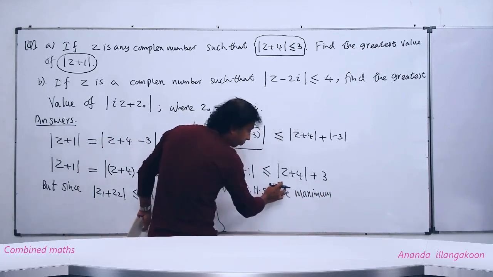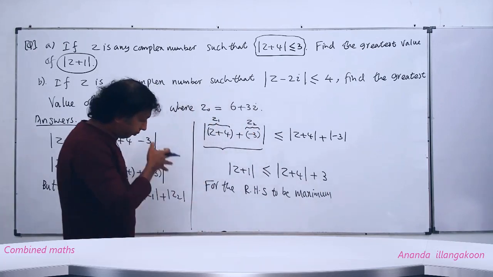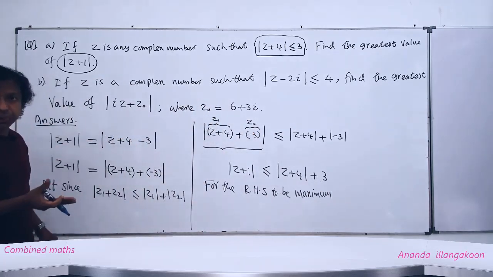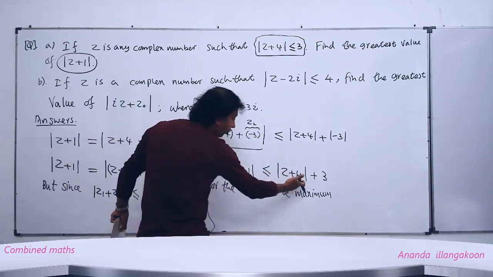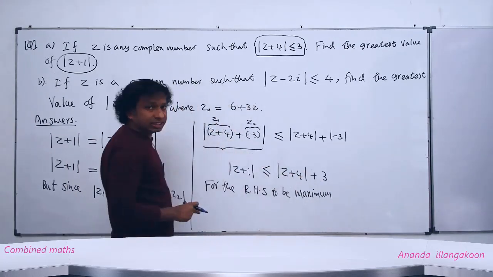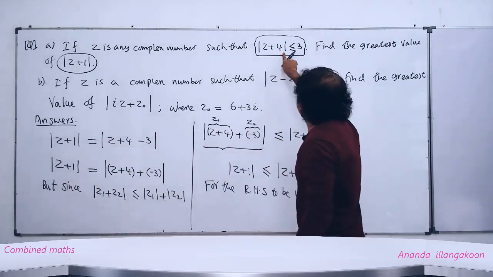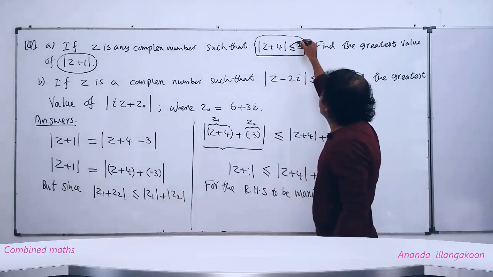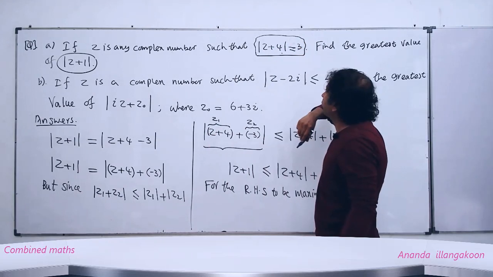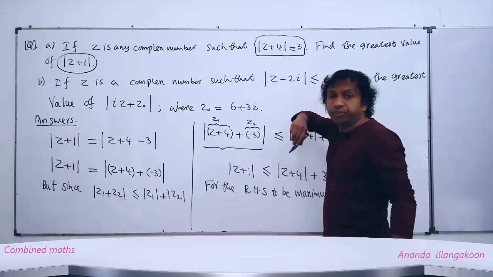According to this, |Z + 4| is either less than 3 or equal to 3. Then what is the maximum value of |Z + 4|?